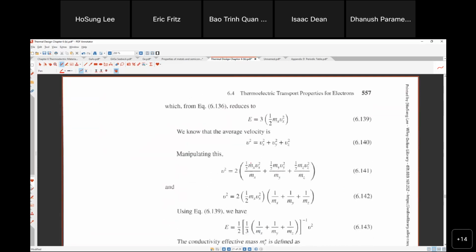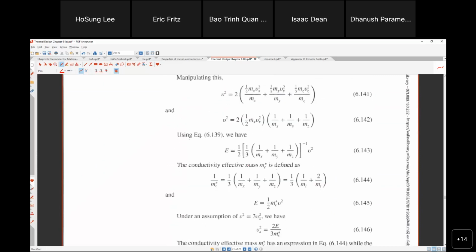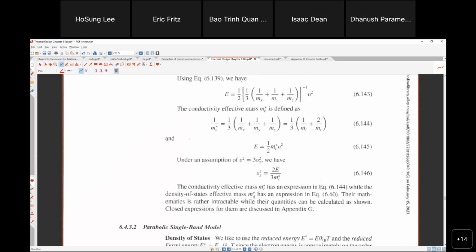It's very interesting. When we look at it, it comes with another effective mass. We have different mass names or inertia for conductivity: the effective mass, or inertial effective mass m over c.